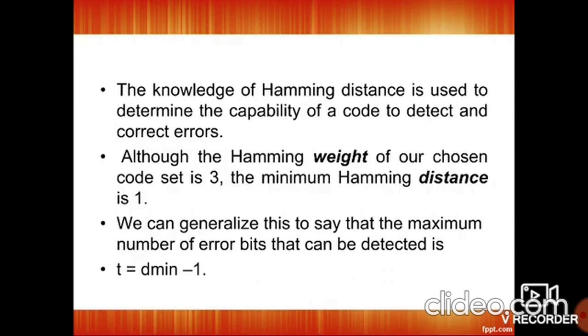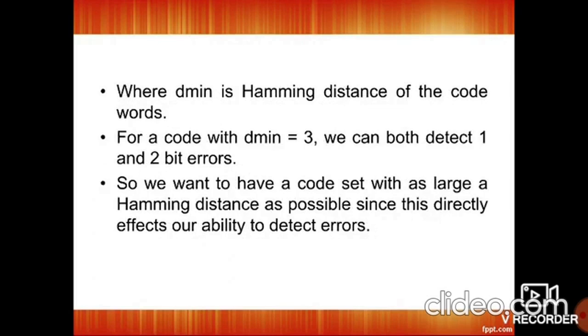Also we can calculate error detection and correction capabilities. It can detect 2 bit errors and correct 1 bit error. The error detection capability can be determined as d minimum should always satisfy the condition that d minimum is greater than or equal to t plus 1, where t equals d minimum minus 1.